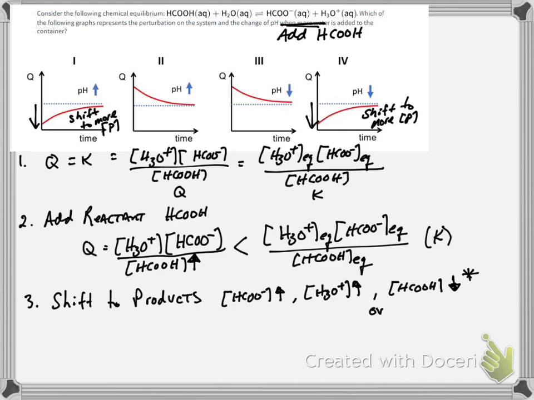But as we said in class, the shift is never larger than the initial increase. So overall, we added more HCOOH. The overall concentration of HCOOH goes up. But in the shift, there is a small decrease and an increase in the products.